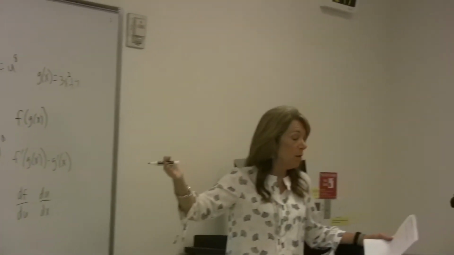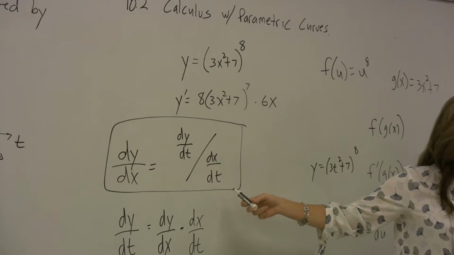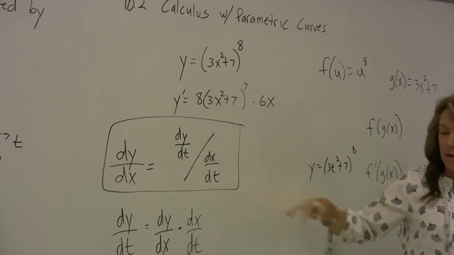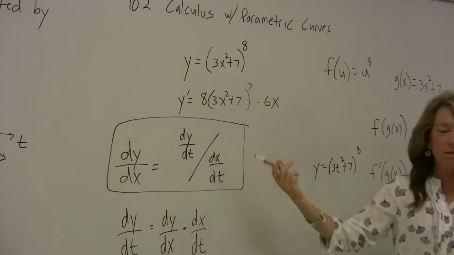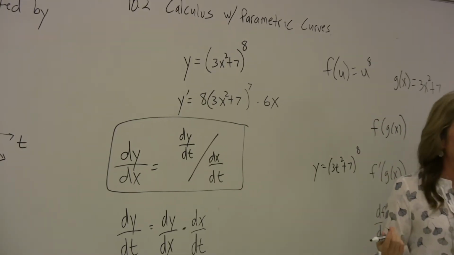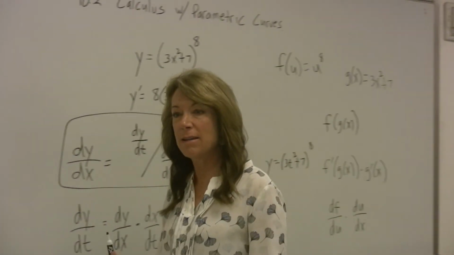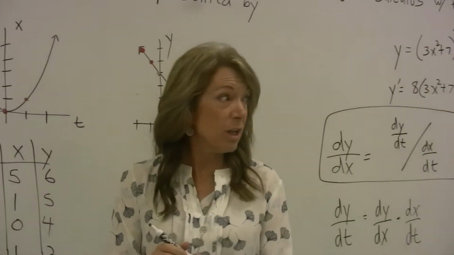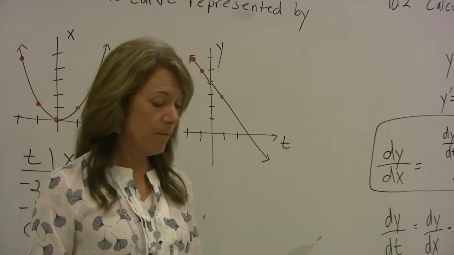You take the derivative with respect to t of the y function divided by the derivative of the x function with respect to t. It makes sense, because if you reduce those, the t's will reduce, and you get dy dx. So anytime you're asked to find the derivative, the slope of a tangent line for a parametric, it's dy dt over dx dt.